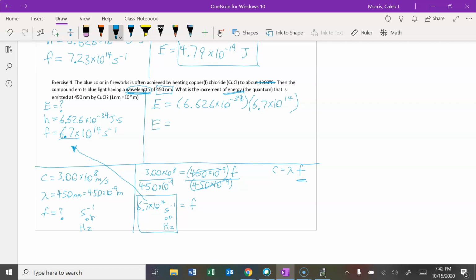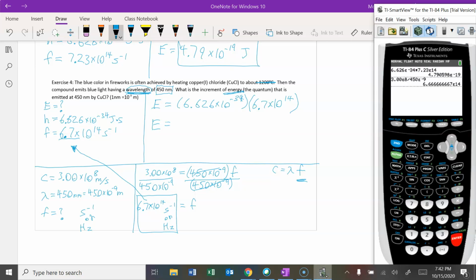Energy equals, let's put it in the calculator, 6.626 E negative 34 times 6.7 E 14, and I get 4.44, or just 4.4 to give me two sig figs. 4.4, don't forget to check the end, times 10 to the negative 19.